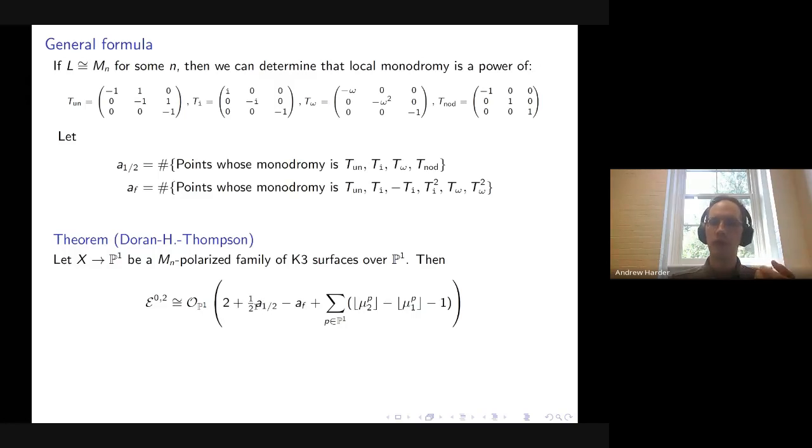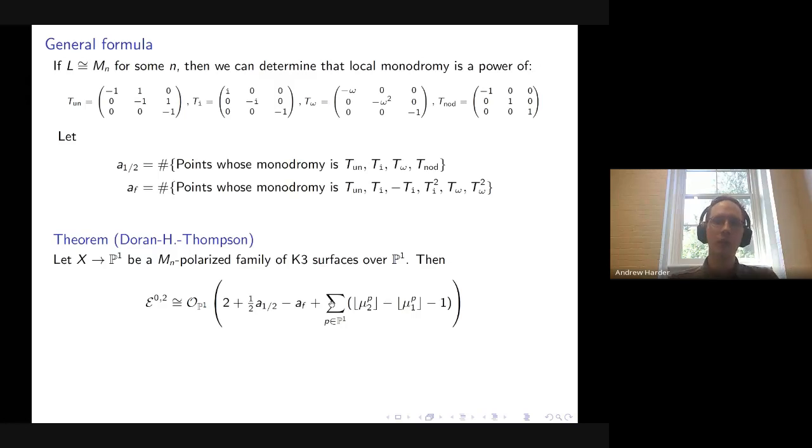This counts points with certain contributions to parabolic bundles, this one as well. And this computes something corresponding to the cokernel of the Kodaira-Spencer map. Okay, so this is our equation.